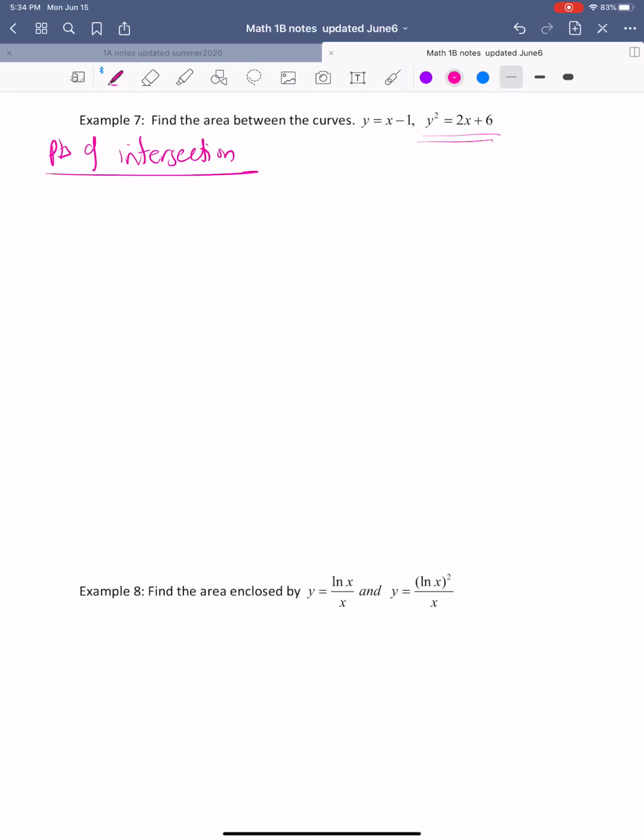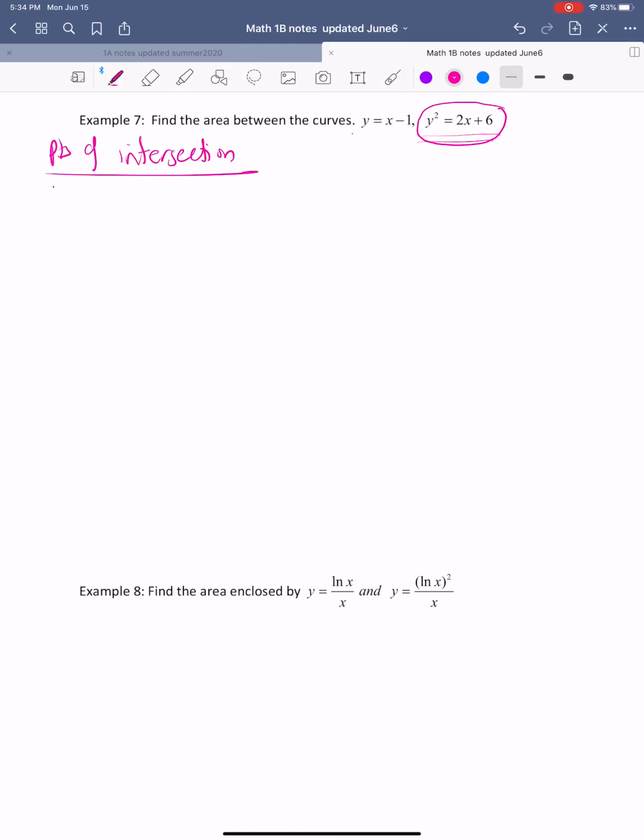To find the points of intersection, I need to set the curves equal to each other. But since x is a function of y here, because we have y squared equals 2x plus 6, we can write them either way.